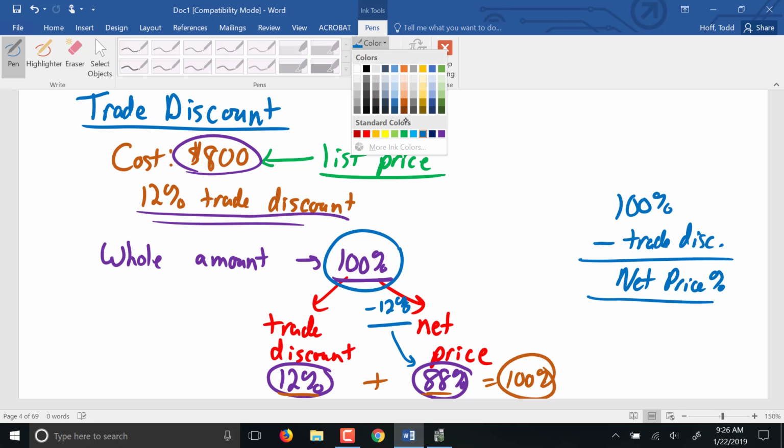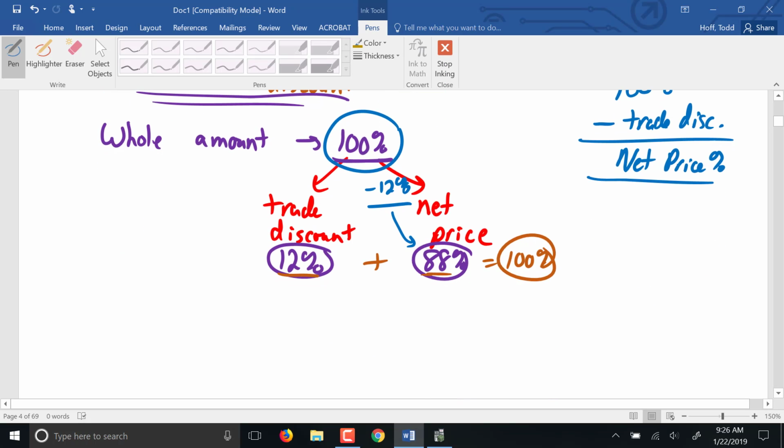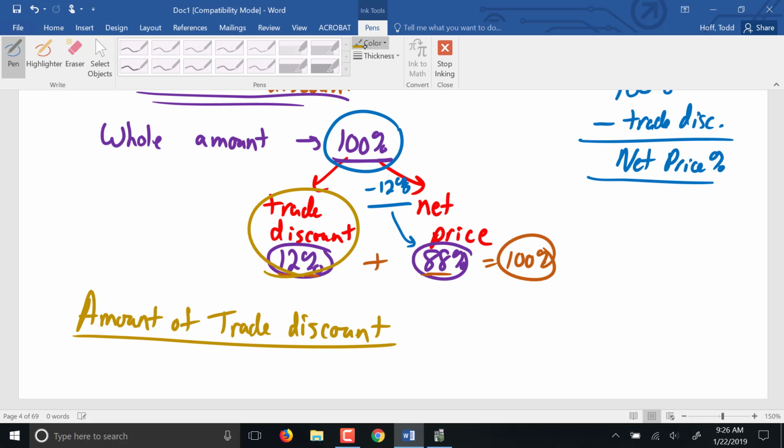So in this case, which percent we use depends on what we're actually looking for. If I want to find the amount of the trade discount, well, I choose the percent that goes with the trade discount. That is the 12%.